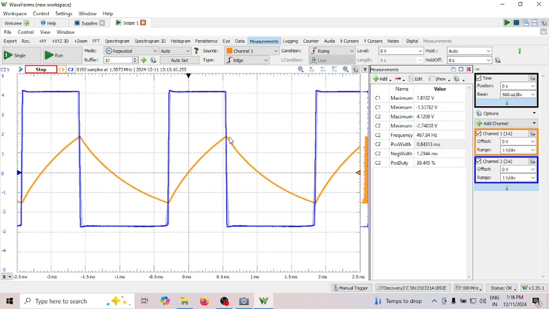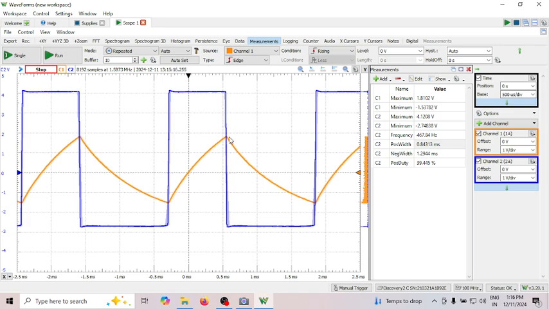So let me write what is plus Vsat and minus Vsat. Let me also write what is plus VCT max and VCT min, that is capacitor voltage maximum, capacitor voltage minimum.